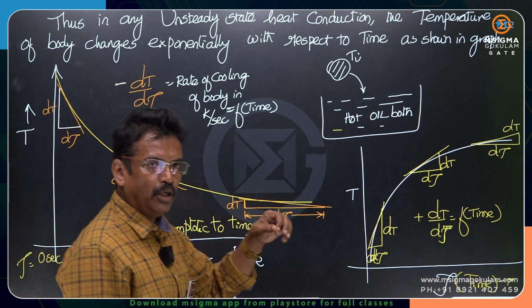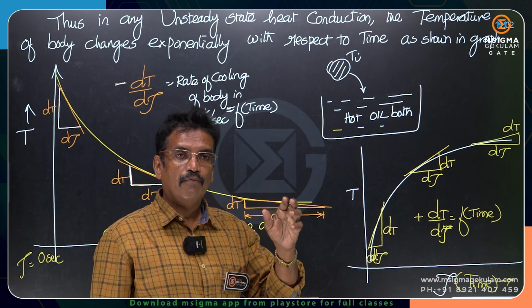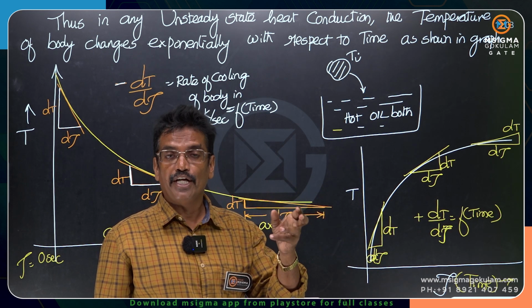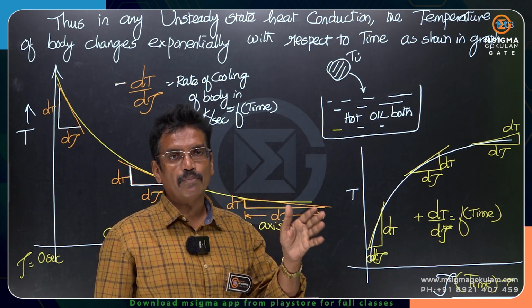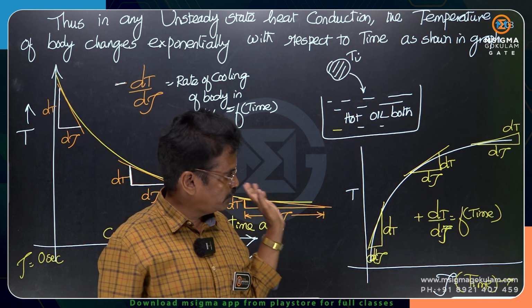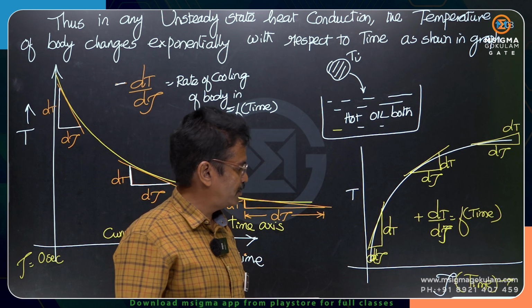The rate of cooling or the rate of heating of the body becomes a function of time. Initially, when the body is just exposed to the fluid, it will be very high. But as the time progresses, dT by d tau keeps on decreasing. You can notice that in both the cooling operation as well as the heating operation.